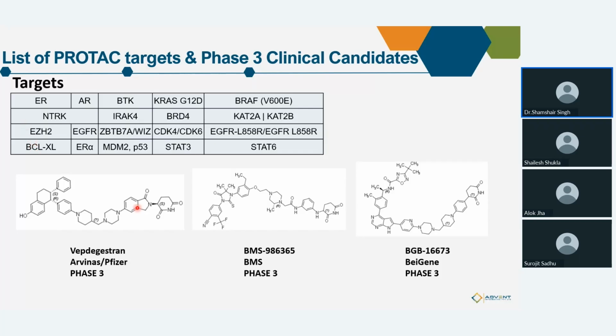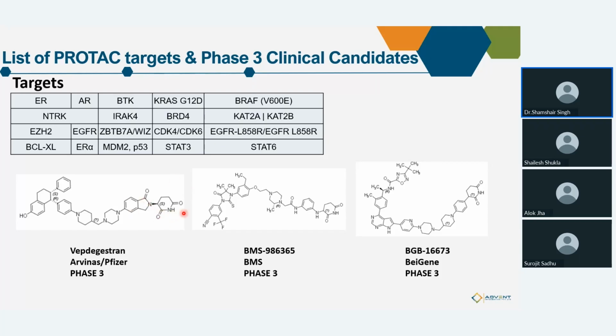For the same three compounds in advanced trials, you can see their structures. In every molecule, you can see this particular site which binds to the protein of interest. And on the other side, it is CRBN, a thalidomide, lenalidomide or pomalidomide.